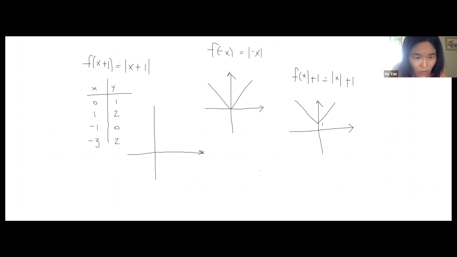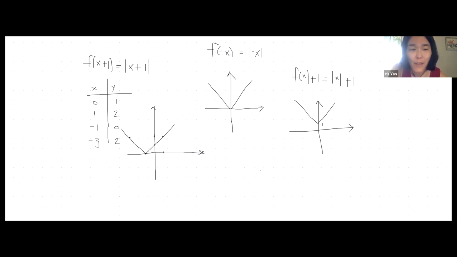So when I draw this one, the graph is going to look like this. It goes through 0, 1. It goes to 1 and 2. It goes through -1 and 0. And it goes through -3 and 2. So it's going to look like this. It got shifted to the left by 1.